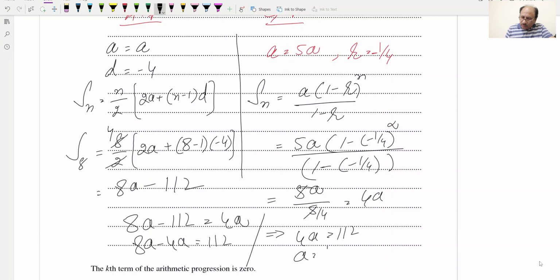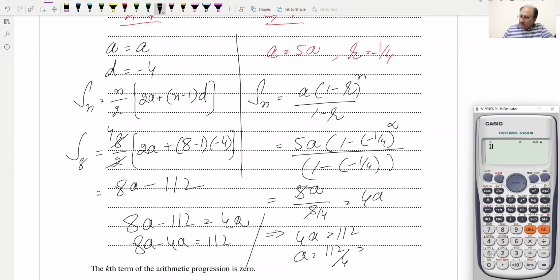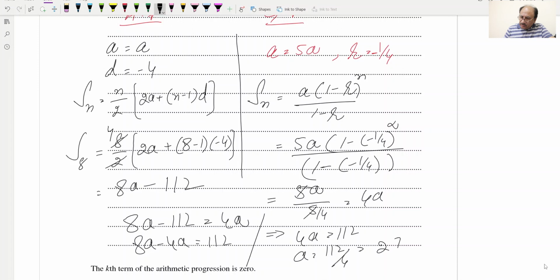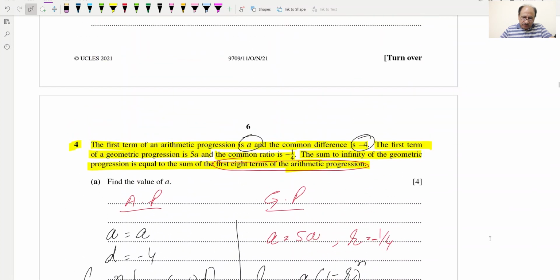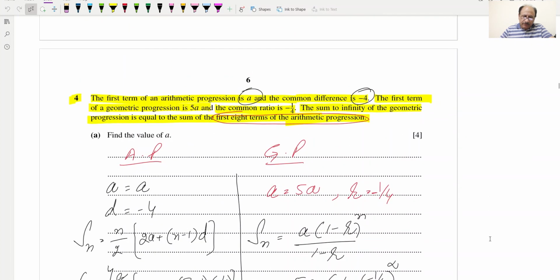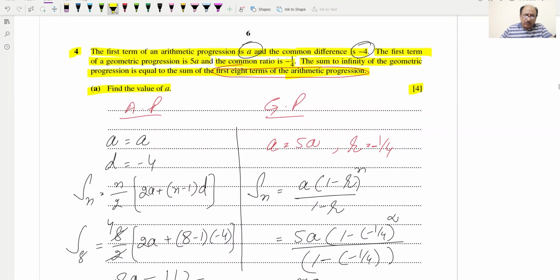So a is equal to 112 by 4, which is 28, and this is the a value which we were supposed to find. The sum to infinity is this, find the value of a, which we have done, and this was a 4-mark question.